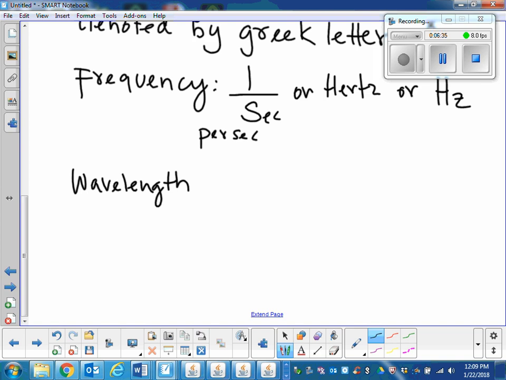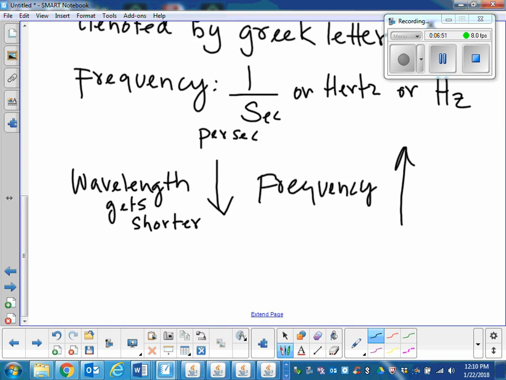As wavelength decreases, or wavelength gets shorter, what happens to frequency? Frequency becomes higher, or it increases. Are we good? Wavelength and frequency are inversely related. One increases, the other will decrease.